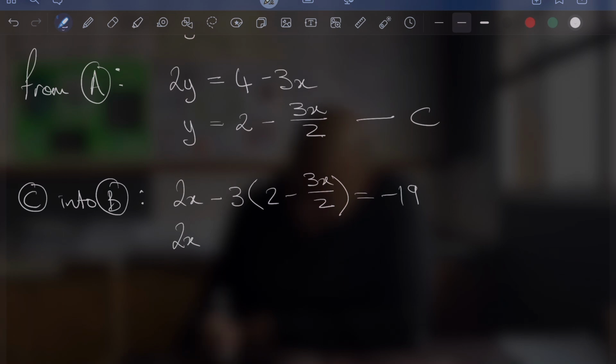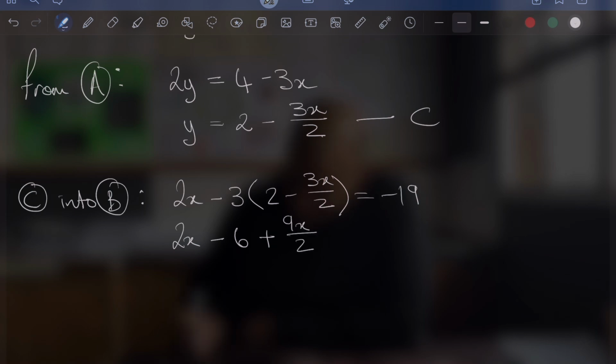So I've got 2x minus, negative 3 times 2 gives negative 6. Negative 3 times negative 3x over 2 will be a positive answer, that will be 9x over 2, and that will be equal to negative 19.